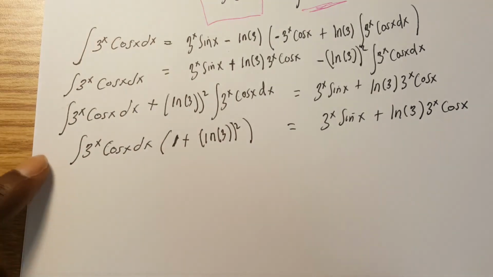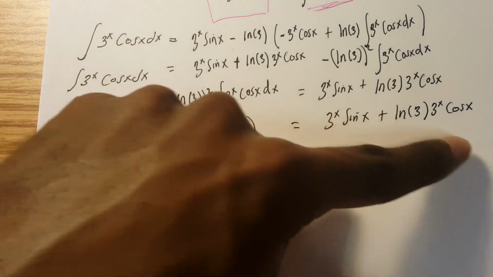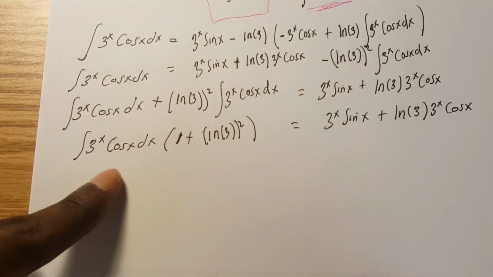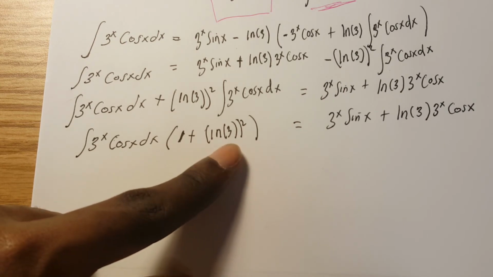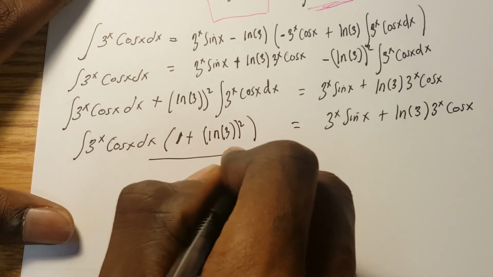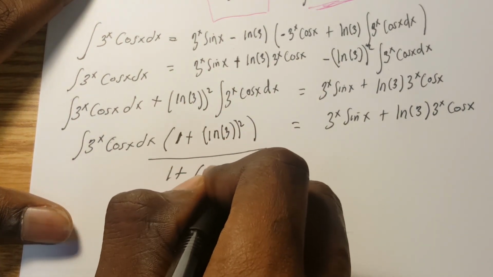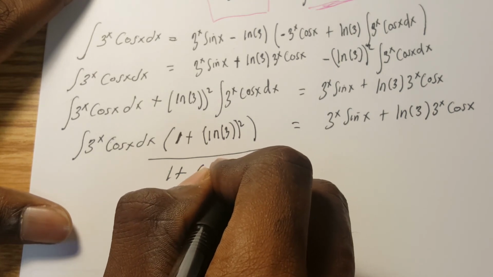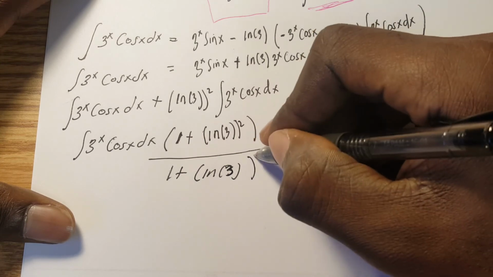So we want this guy to stand alone, so we're gonna divide both of the sides by the coefficient of this guy, which is in this case 1 plus natural log of 3 to the power 2. Gonna divide this side by 1 plus natural log of 3 all squared.